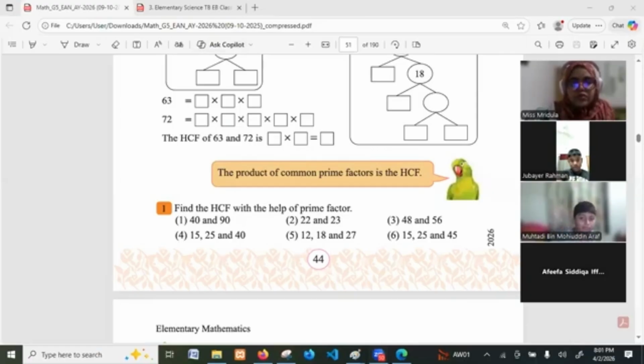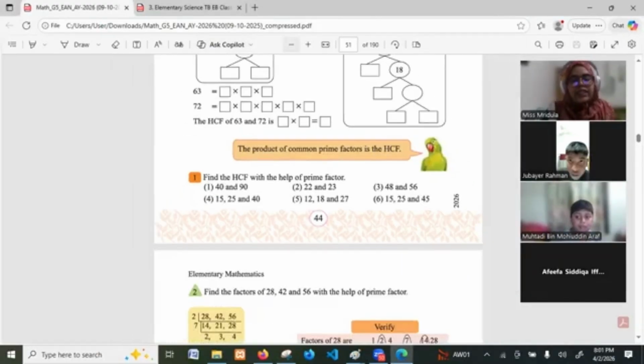Okay, so we are still in the chapter of multiples and factors. Finished up to page number 44. Today we will be learning about the standard way to find out the HCF with the help of the stairs.